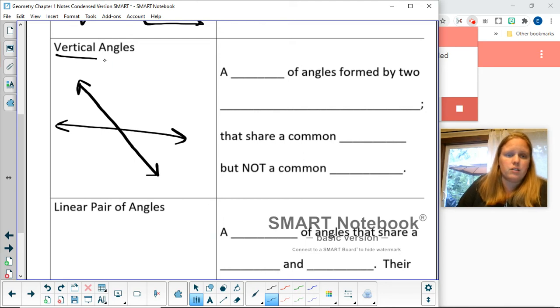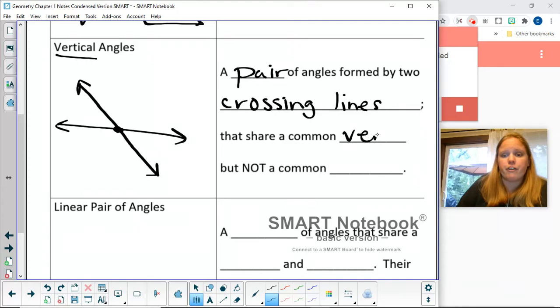But vertical angles is when you have two angles that share a vertex, so they're both going to meet at that same intersection point, but they do not share a side. So we have a pair of angles formed by two crossing lines. They share a common vertex, which is the corner, but not a common side.